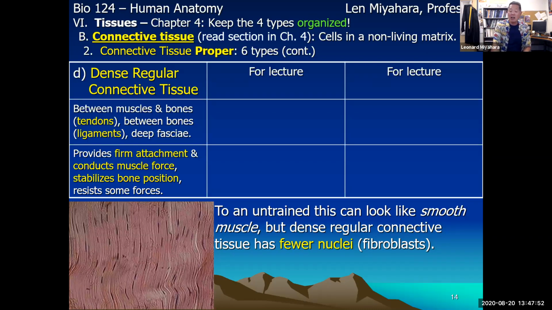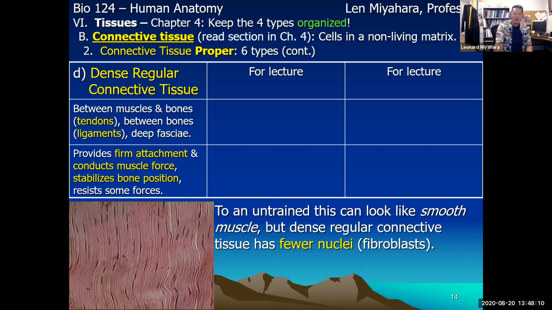They are collagen fibers. What color do you see here? Pink. Dominated by parallel collagen fibers, and because those are not cells, there are very few nuclei.